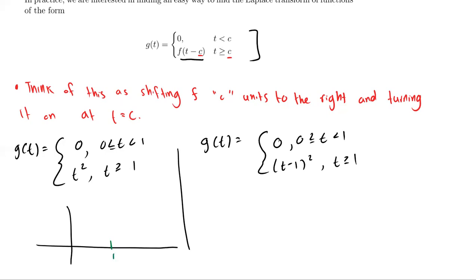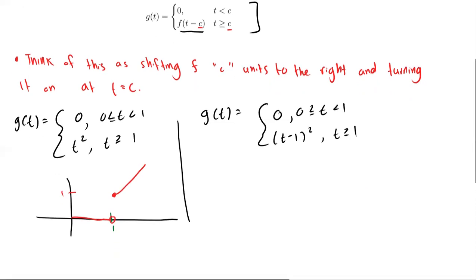One of them is 0 up to t equals 1, and then at t equals 1 it becomes t squared, but not shifted. At 1, t squared equals 1, so this function would start here and look like a quadratic. This is just f of t equals t squared, without shifting.